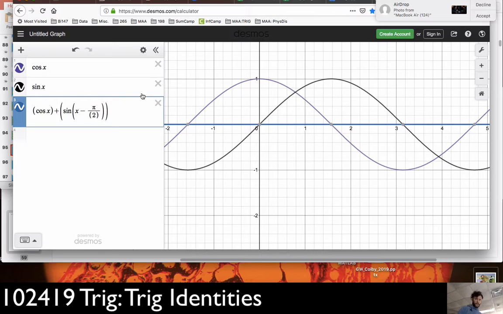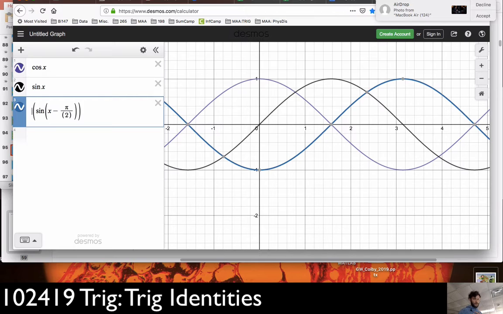Before we do that, let's just get rid of the cosine of x. So I just took the sine curve and I shifted it by 90 degrees, or pi over 2. Are you guys all right?